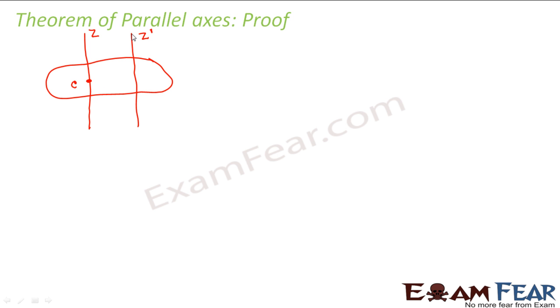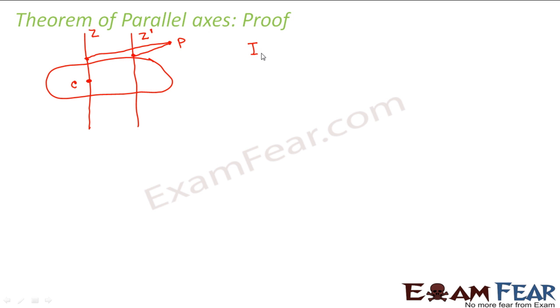What will be the moment of inertia about this axis Z dash? Now let us consider any point P of the body. What would be the position vector of the point P from Z if we take it from this point? Similarly, what would be the position vector of the point P from Z dash if we join it to this point?